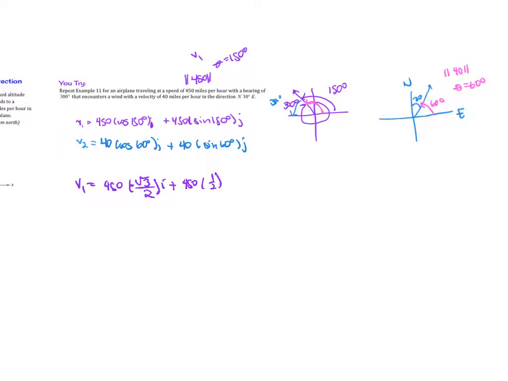Now, I'm sorry, this should be a negative root 3 over 2 because we're on the x-axis here. Then for the V2, that is 40 cosine of 60 degrees, that is a half J, and then sine of 60 degrees is root 3 over 2 J. Oh, it would help if I can read my own writing. This is supposed to be I.